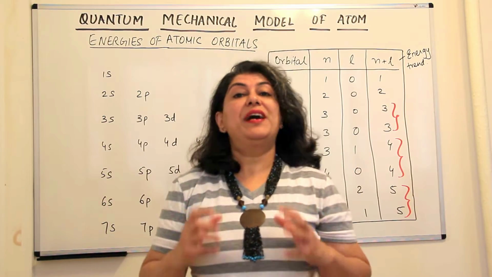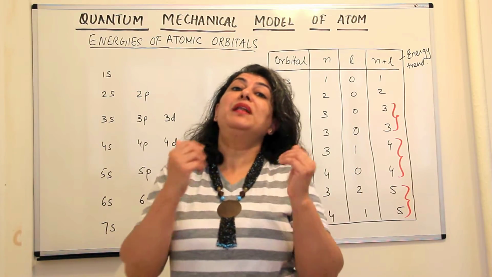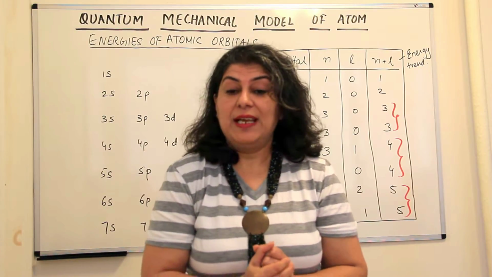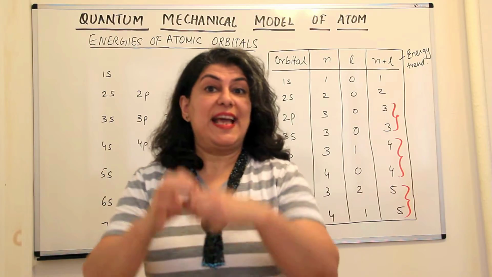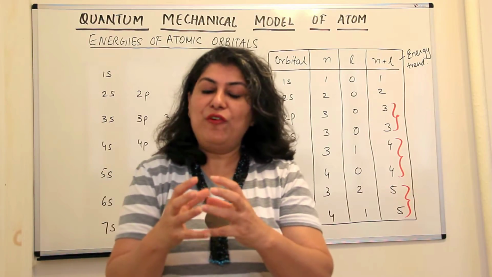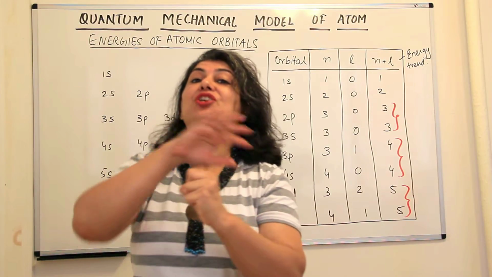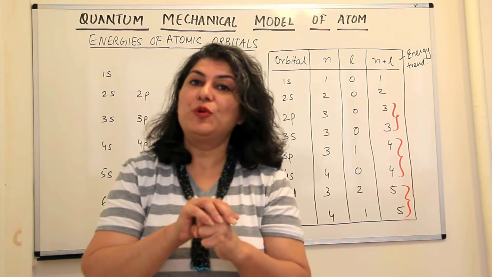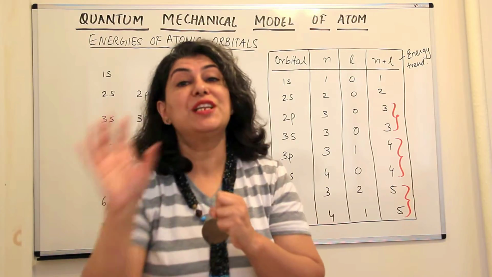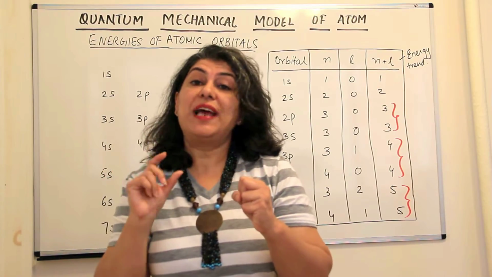But when we move ahead from hydrogen and move on to multi-electron atoms, the dynamics change. Now the nucleus has more protons and therefore a stronger attraction for the electrons. At the same time, whatever is the number of protons is the number of electrons in a neutral atom.